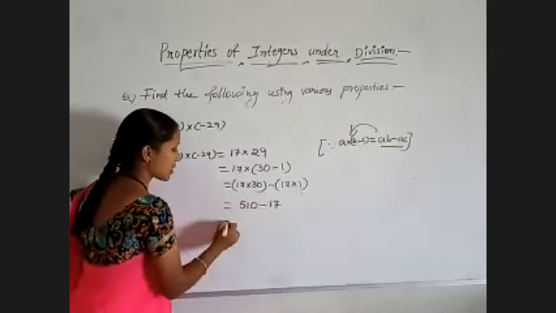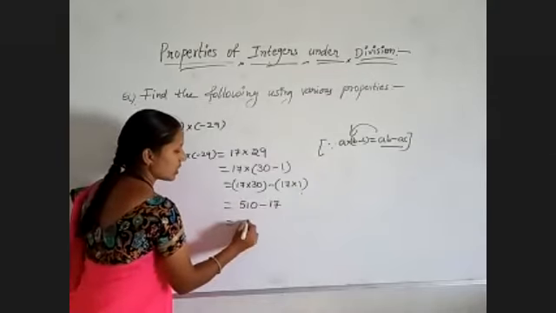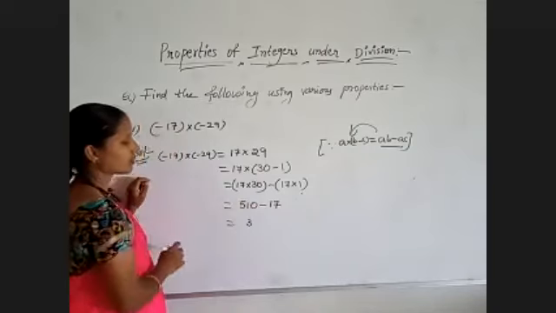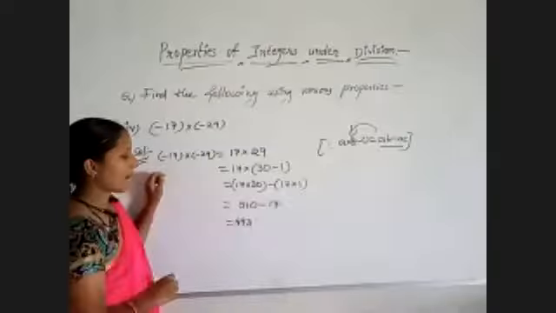Between them is subtraction, so subtract. 510 minus 17 is 493. So this is the way to perform the different operations.